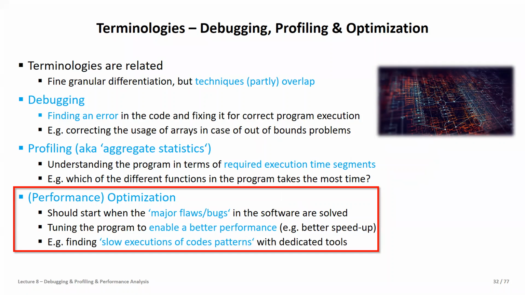This means the program should be correct, and don't intertwine this by doing performance optimization. Performance optimization, as the name suggests, is tuning the program for better performance, better speedups, and so on. The idea is, for instance, finding with several dedicated tools like Scalasca some interesting slow execution, so waiting times maybe, where some processes are idle and we don't know why.